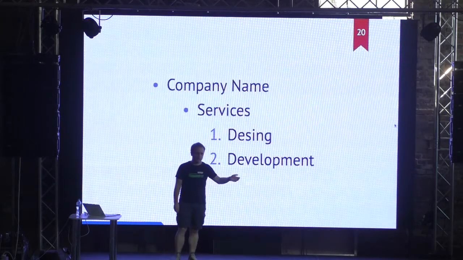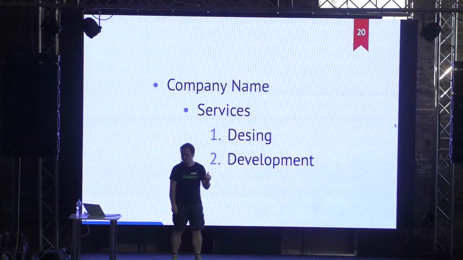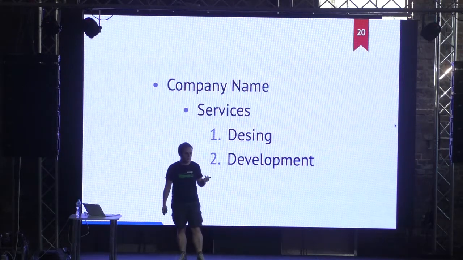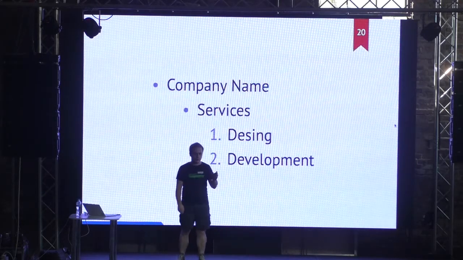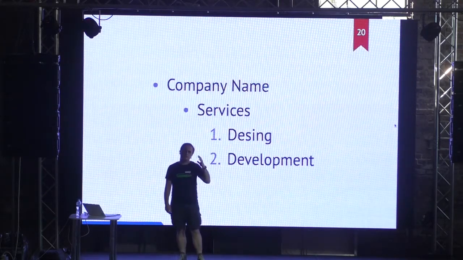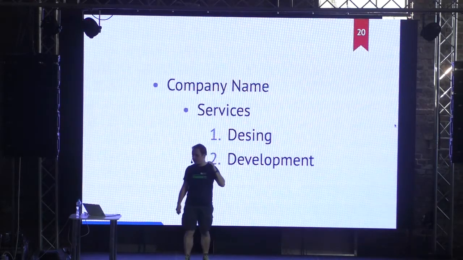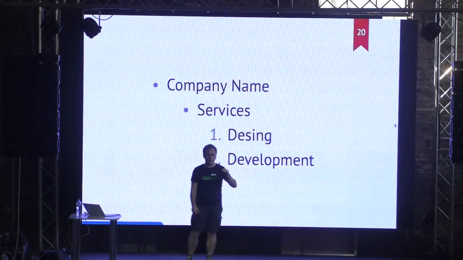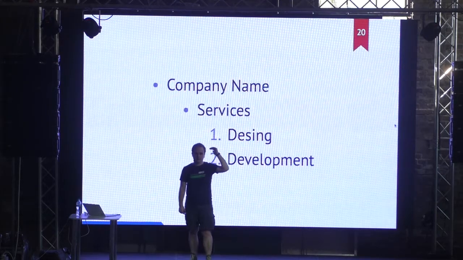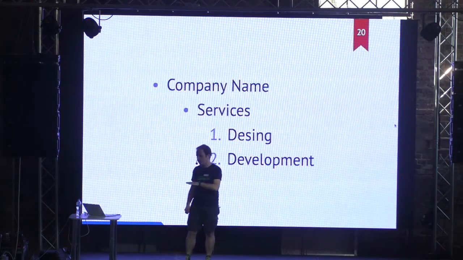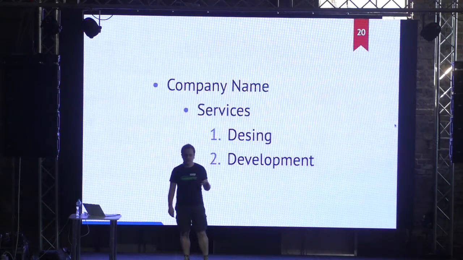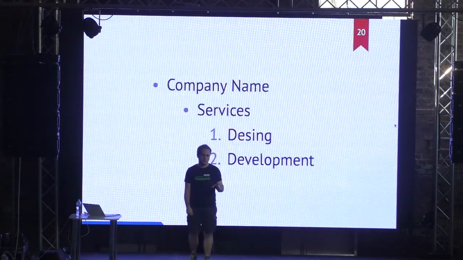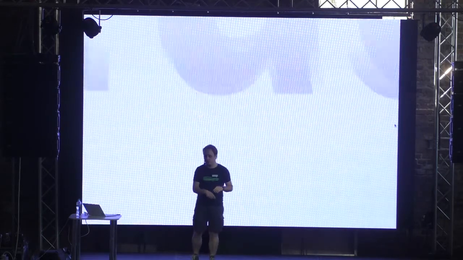So they will have an outline of your page, like company name, services, design, development, by using just headings and keeping the level of a heading correct, like a main heading for the whole page, and then H2 and H3, etc. So keep those levels organized, and you will have an outline for your site. Really, really useful for screen reader users.